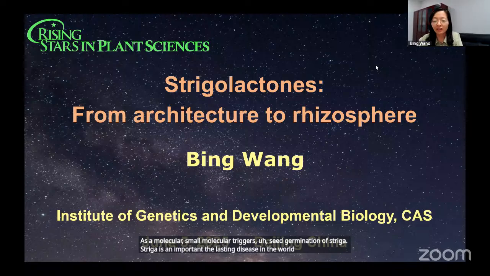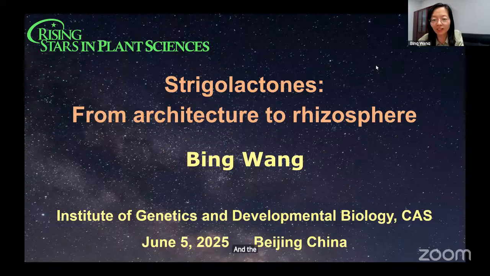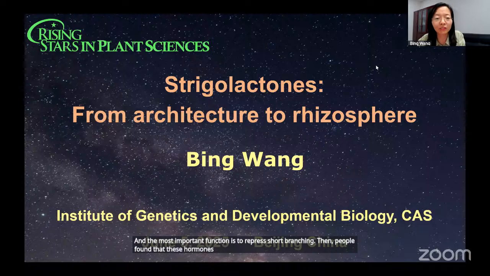And then in 2008, it was identified as a plant hormone. And the most important function is to repress shoot branching. Then people found that these hormones have important functions in shoot development, root development, and leaf development.